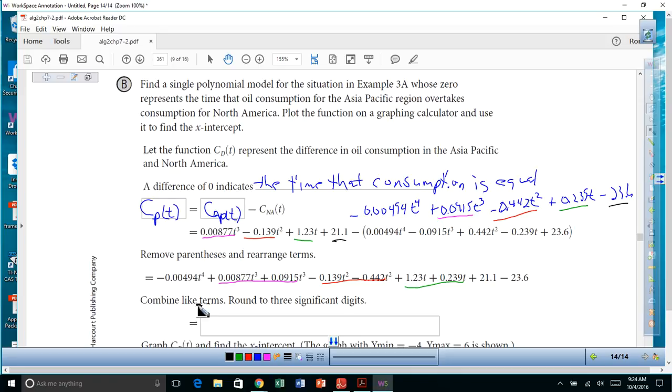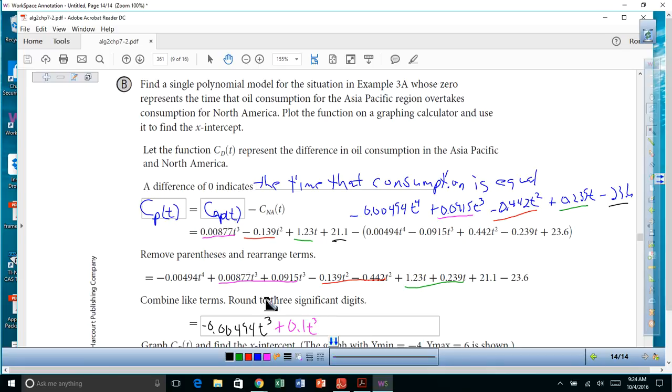So we start off right here at negative 0.00494 t to the fourth. And then we're going to add those. Plus, and I did it on the calculator, plus 0.1 t to the third.